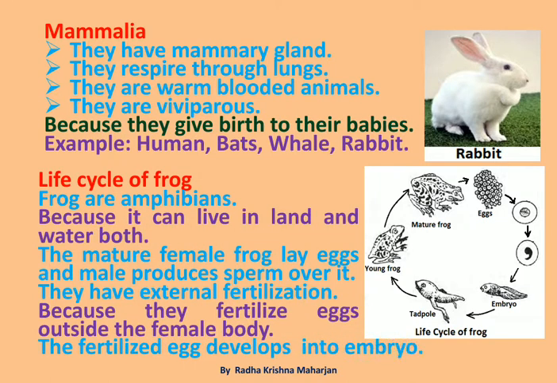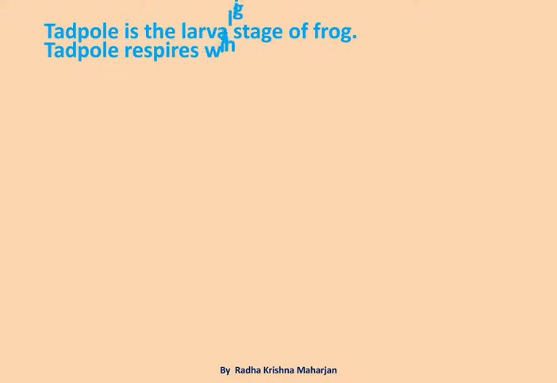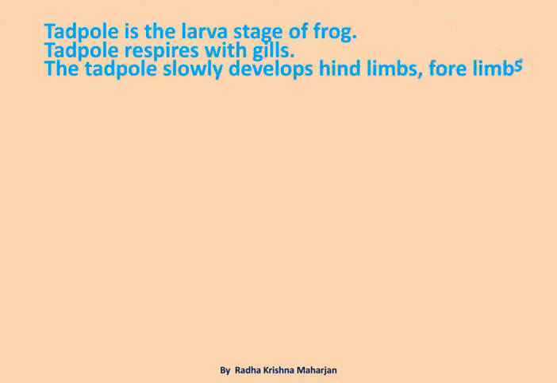The fertilized egg develops into embryo. Tadpole is the larva stage of frog. Tadpole respires with gills. The tadpole slowly develops hind limbs, forelimbs.